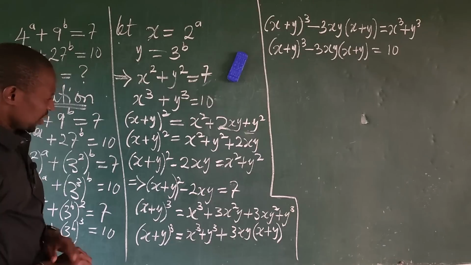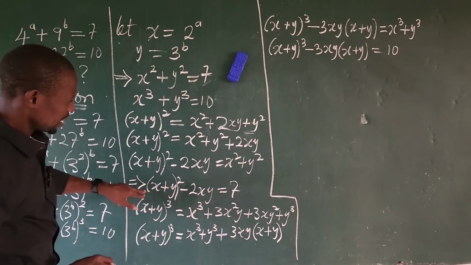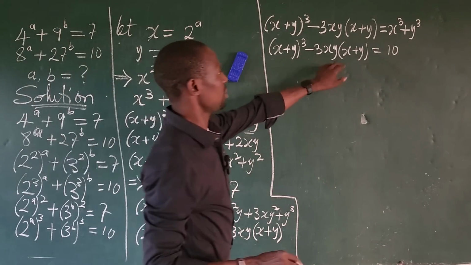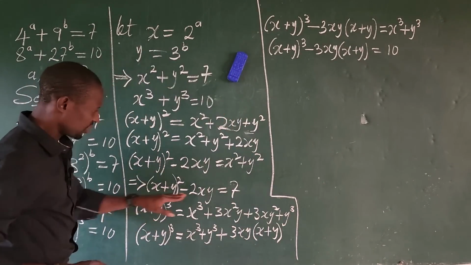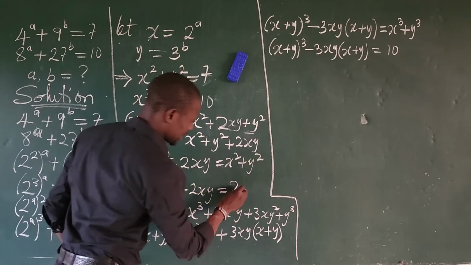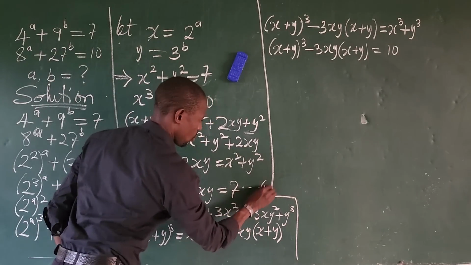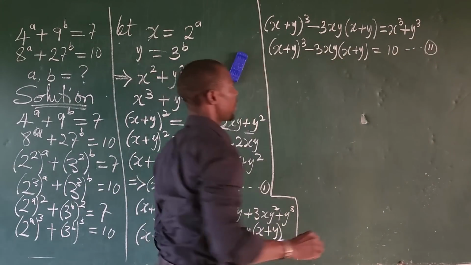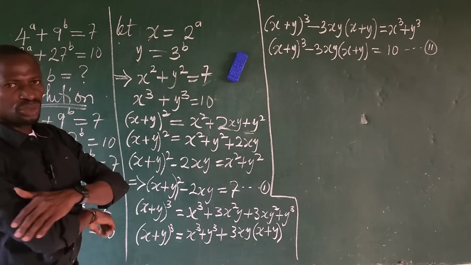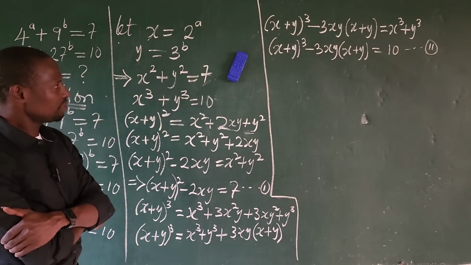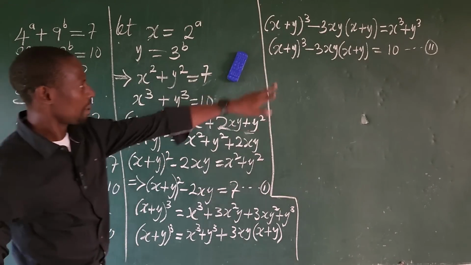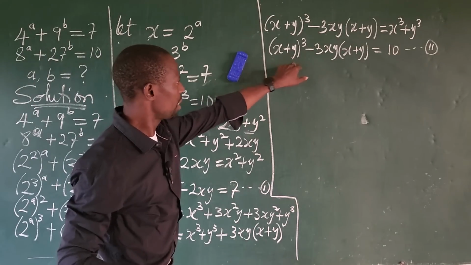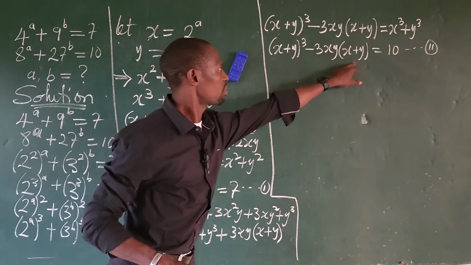Good. So we want to solve this equation and this equation. But looking at this equation here now, in fact, let's give this equation 1 so that we don't get confused. This is equation 2. If we look at these two equations, we are seeing some similarity. We are having x plus y here. We are having xy, x plus y.